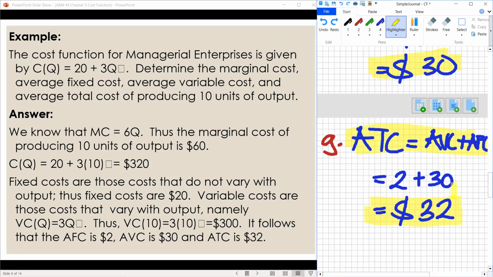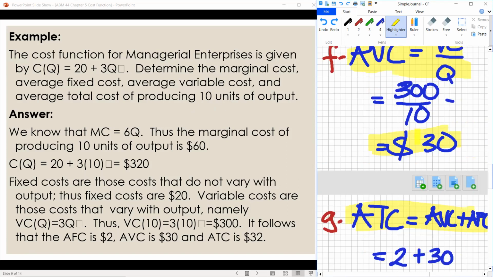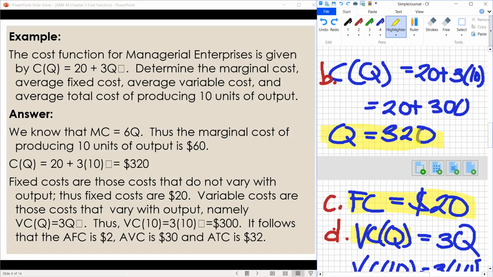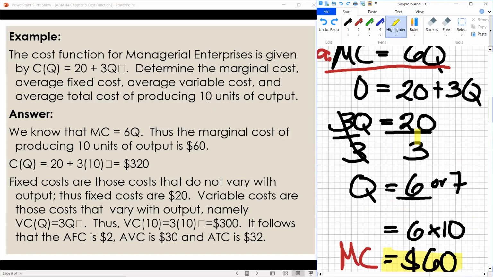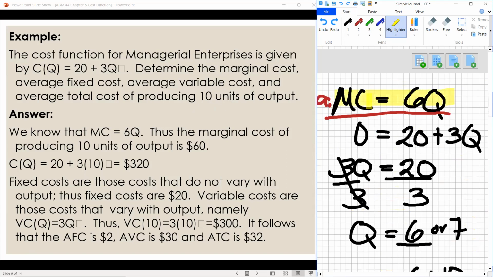So I hope that's clear sa inyo. So gihatag lang is the cost function, and you just need to determine the following based on the 10 units of output. Actually, mas dali siya i-table, but for our exercise, you'll need to try to solve using these case studies or examples.